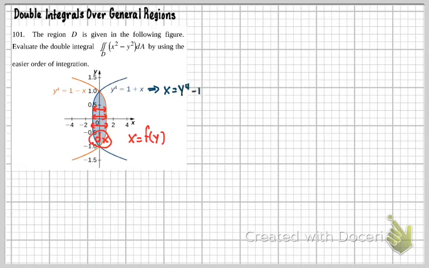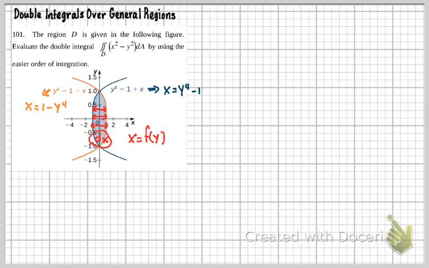And then if I look at that orange one over there, and I want to solve this one for x, this is going to be x equals negative y to the fourth plus 1, or let me write this another way. This is going to be 1 minus y to the fourth. So now having both of those equations solved for x, which means I get a function of y, and that's what we see down here.